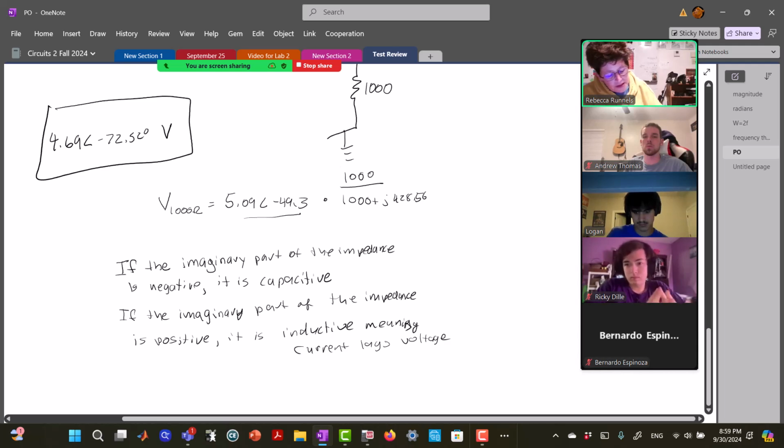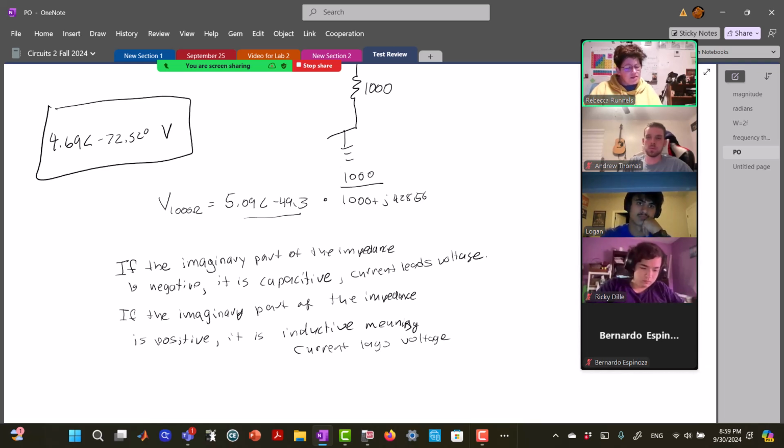And for capacitive, current leads voltage. And I don't actually know.